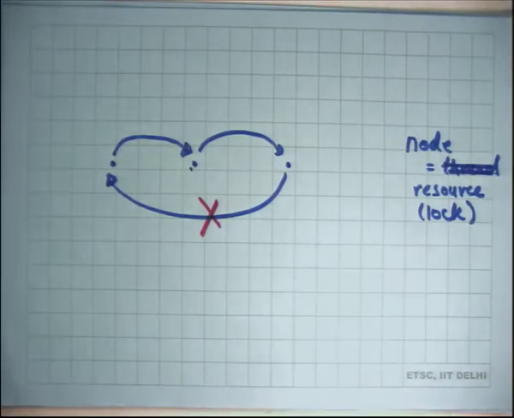So that's basically why there can never be a deadlock if you completely order all these resources. You make sure that your resources are acquired in a certain global order. You will never have a backward edge in your resource acquisition graph, and so there will never be a deadlock.